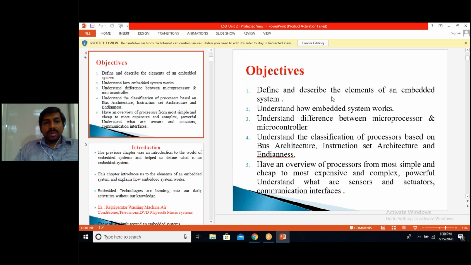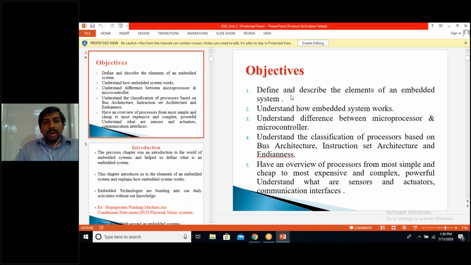The objective is, after you have learned what an embedded system is, its applications, types and classifications, now we are going to see the architecture of an embedded system, which defines it as the elements of an embedded system.